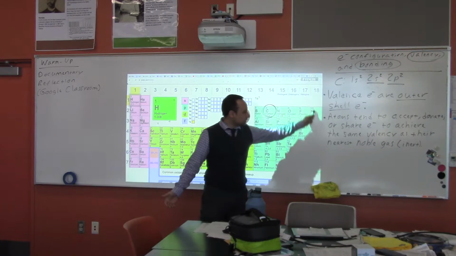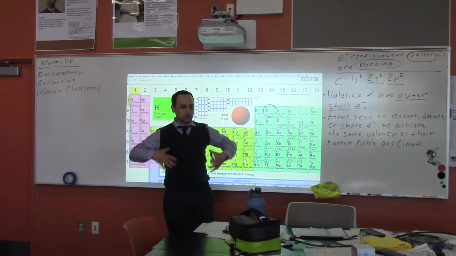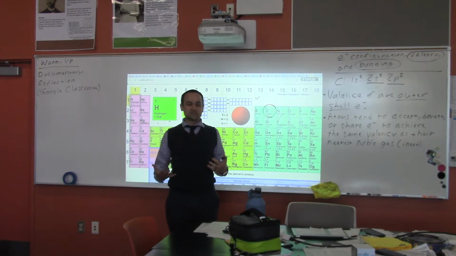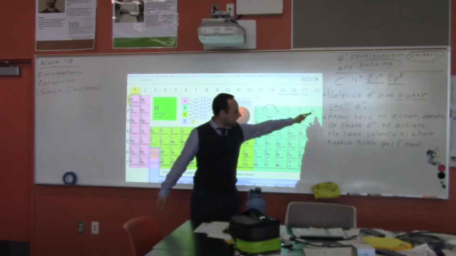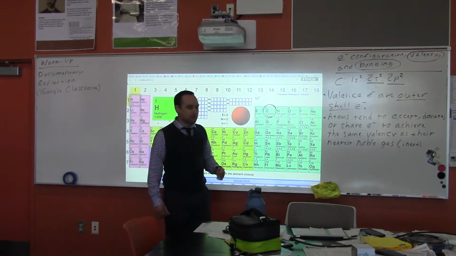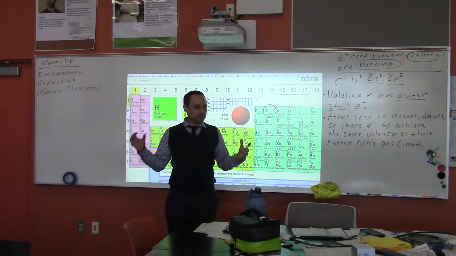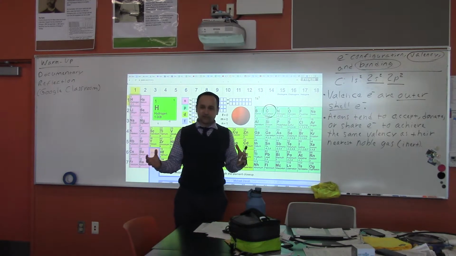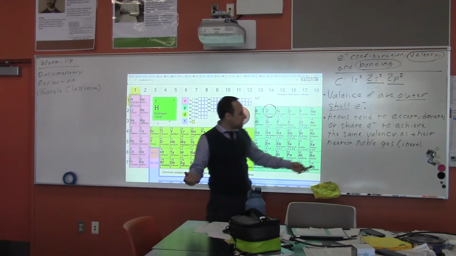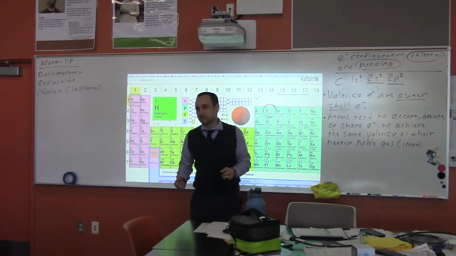They weren't born with this like noble character, right? They weren't born stable like the noble gases were, okay? The other elements were born into a different life, and they have to go through a very different existence of combining with other elements to achieve that same stable valency, okay?